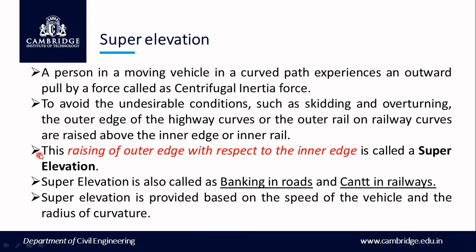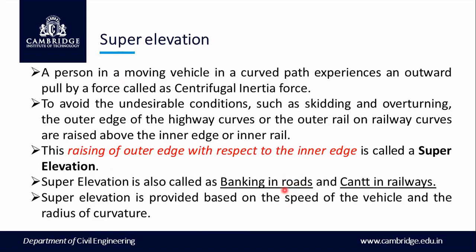So to be precise, this raising of the outer edge with respect to the inner edge is called super elevation. So this is the definition, it's very important. This raising of the outer edge with respect to the inner edge is called super elevation. Super elevation is also called banking in roads. So we saw two conditions where it is applied, in roads and in railways.